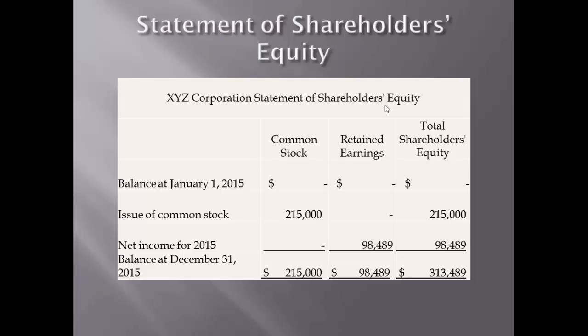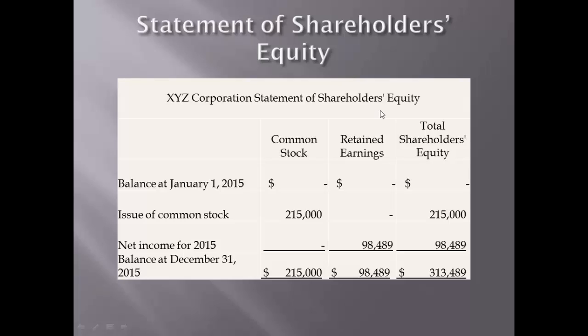Now, this is consistent with the accounting equation, which is assets equals liabilities plus equity, which means that assets minus liabilities equals shareholders' equity. Therefore, shareholders' equity can be considered as net assets, assets minus liabilities.